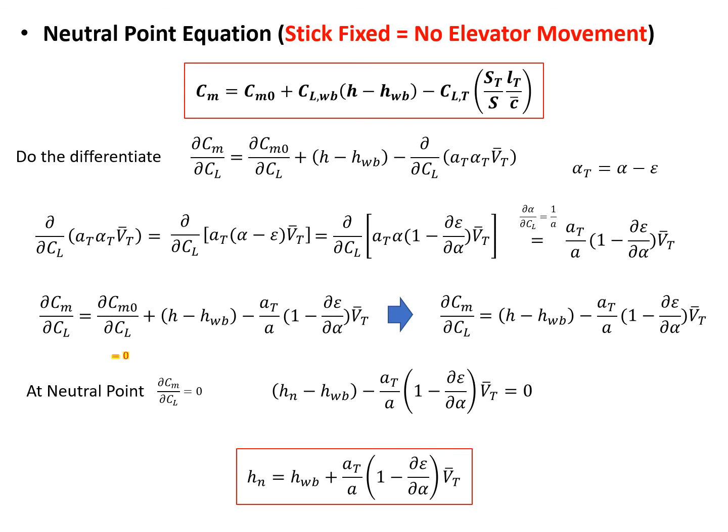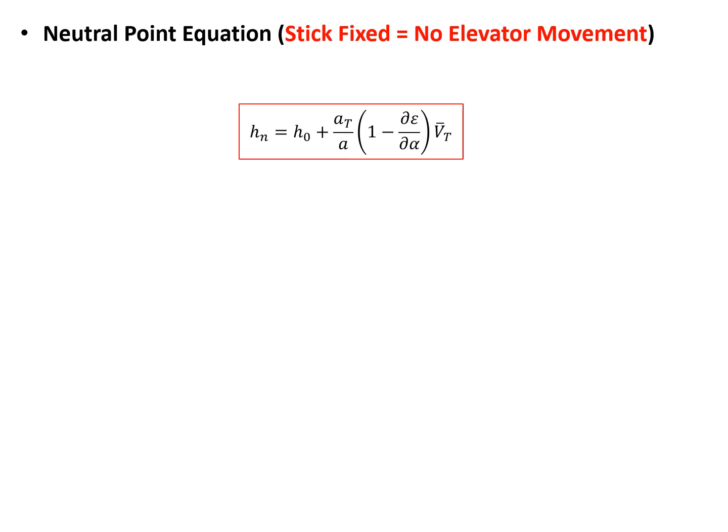So this is what we want, the neutral point equation. And you can see it's related with the aerodynamic center of the wing body, and also related with the downwash angle change with respect to the angle of attack change. Okay, this is the neutral point equation we've derived.